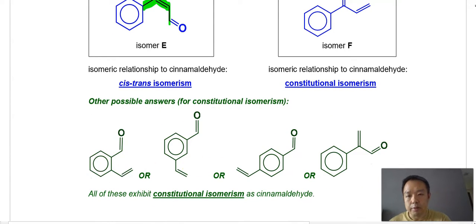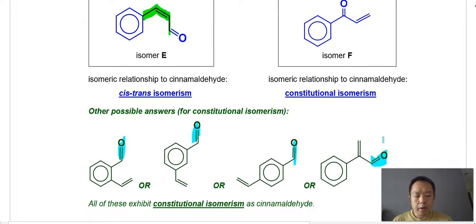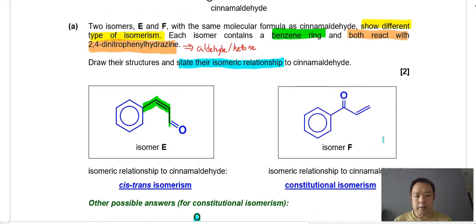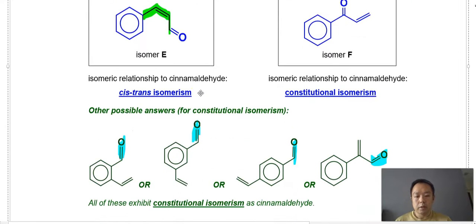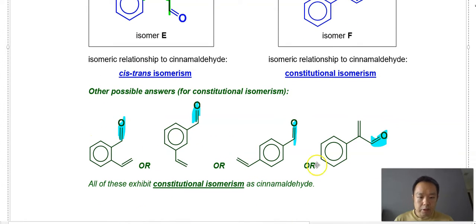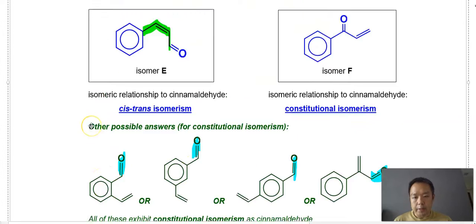Importantly, you have to propose an isomer which contains an aldehyde or a ketone, in order for isomer F to be applicable, because it must contain a benzene ring and must react with 2,4-DNPH. When you are proposing isomers, please always counter-check the structural formula against the molecular formula.